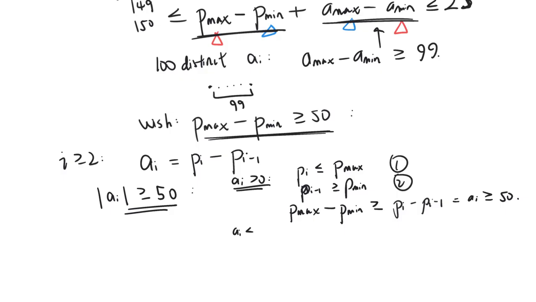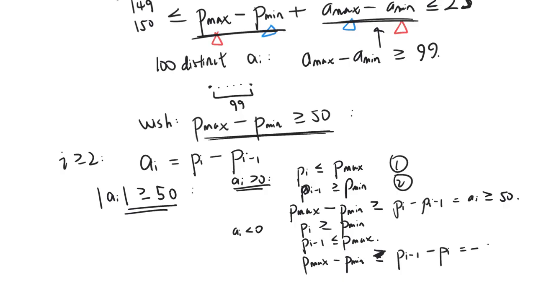And if AI is negative, then I can pretty much do the opposite. I'm basically swapping PI and PI minus 1. Then P max minus P min is greater or equal to PI minus 1 minus PI, which is equal to negative AI.